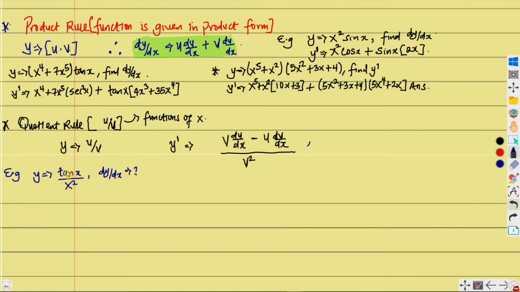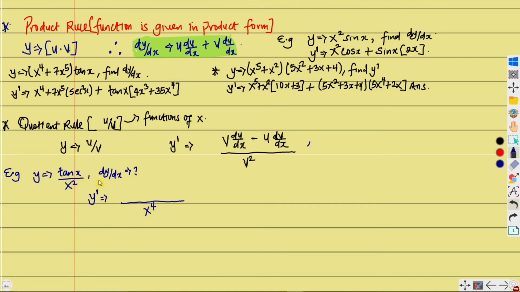Directly we can see that the function of x is expressed in the form of a quotient or ratio. So you apply the direct rule, the quotient rule, by saying y prime is, you take the square of the denominator. The denominator here is x squared. The square of x squared is x to the fourth power. I hope students are following.